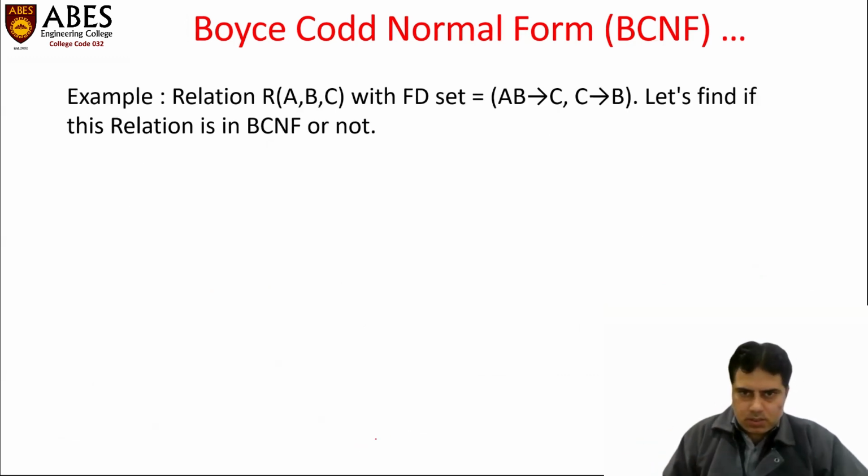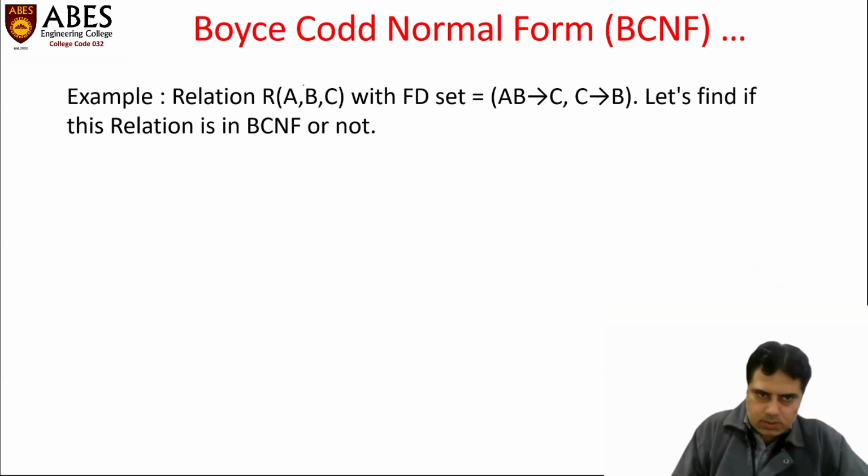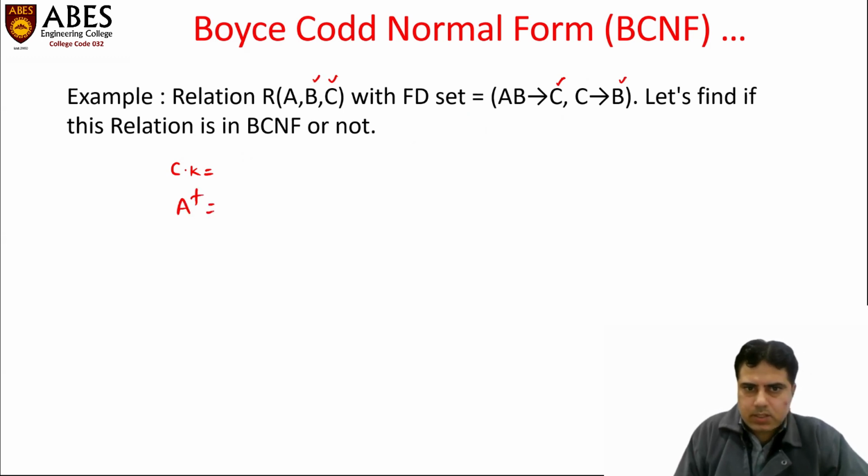Now let us understand this concept with another example. Relation R ABC with the functional dependency set AB determines C, C determines B. Let us find if this relation is in BCNF or not. First step, we have to find the candidate key. The missing attribute is A. We will take the attribute closure of A: from A we determine A, and further we cannot determine anything else.